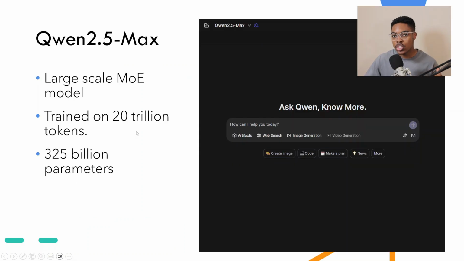And the architecture is using a mixture of experts architecture, and I'll explain a lot more on that, okay? The model was trained on 20 trillion tokens, which is a lot of information, okay? And the size of the model is a 325 billion parameter model, which is a very huge model, guys.